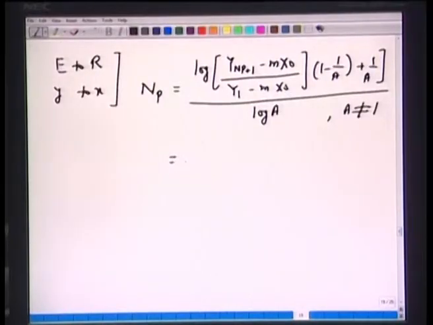And if A equals 1, we have the simplified expression: NP equals (y NP plus 1 minus y1) over (y1 minus m x0). So, one is like absorption.